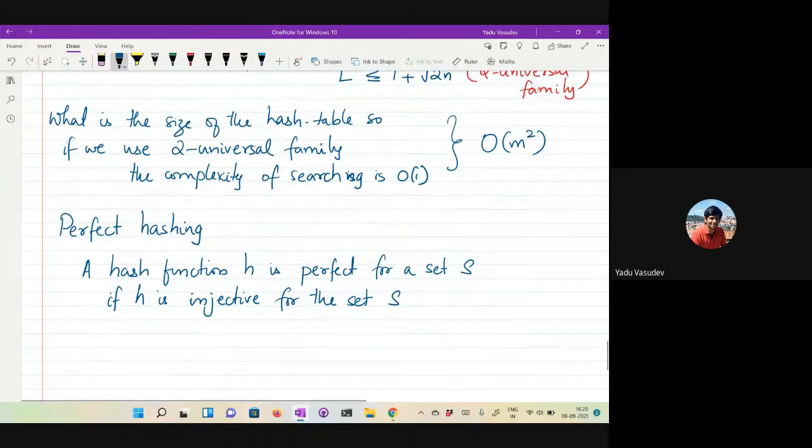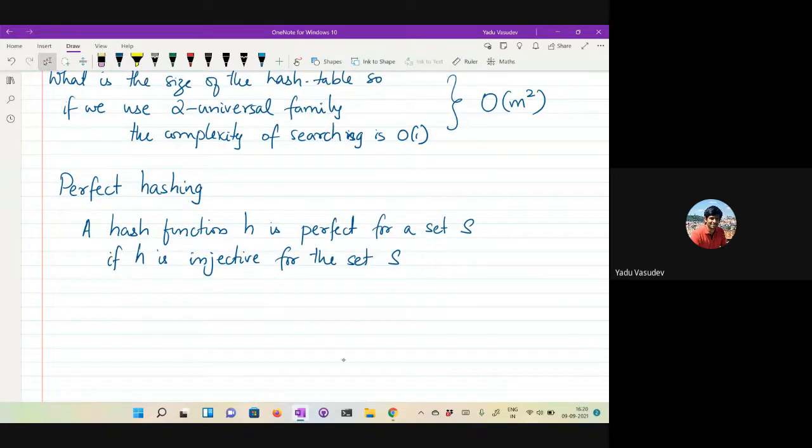And similarly, we can define what is called a perfect hash family.